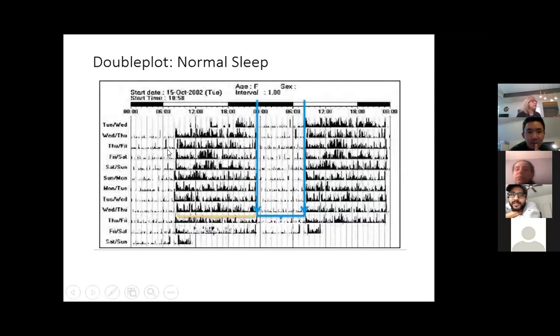Okay, here we got sleep, right? We probably have sleep here. Activity, inactivity. This is midnight, midnight, midnight. So this is one day, this day. In the double plot, this one moves over here. So this whole segment is now over here.